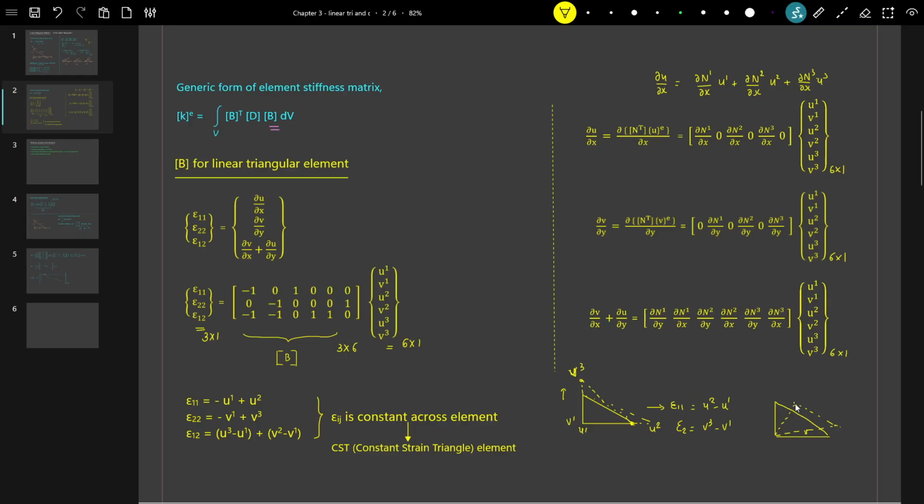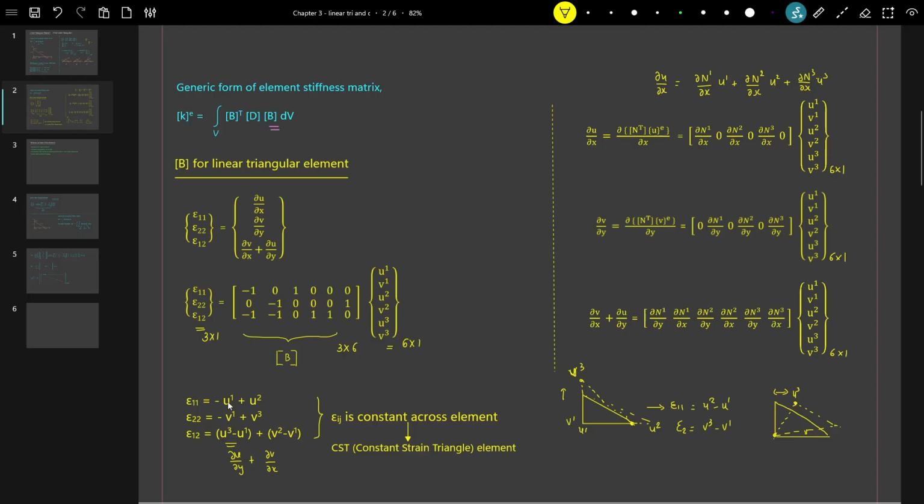This u3 minus u1, whatever the displacement for node 1. So u3 minus u1 is our dou u by dou y, plus this is dou v by dou x. So from this we can understand this is basically a change in angle. So this is our shear strain.